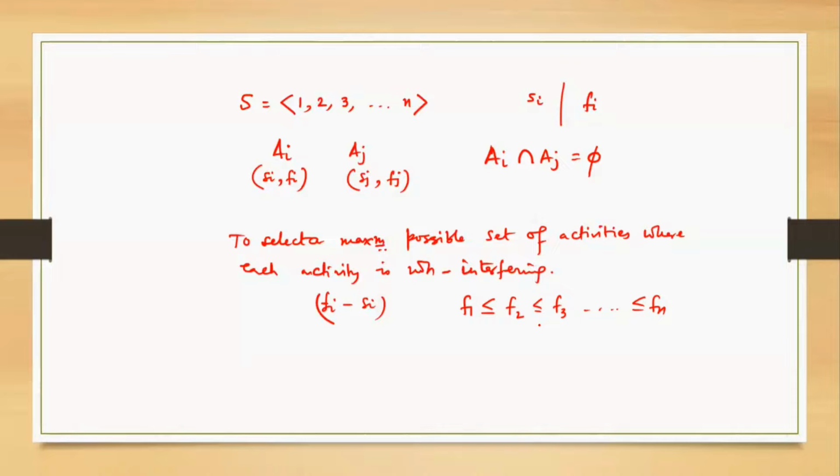We are going to select the activity based on minimum duration, and it is already proven that the process of selecting activity becomes faster if we assume that the activities are arranged in an increasing order of their finishing time. So the method is very simple. We have been given a series of activities.